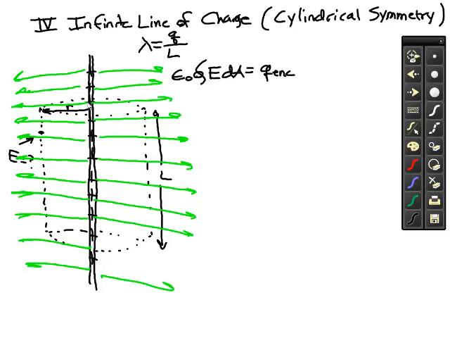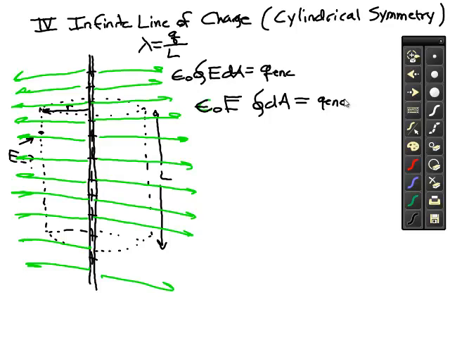All right, and I've lost the magic. Okay, there it is. Okay, so let's do it. E is the same everywhere, so pull it out of the integral. We have to replace Q enclosed. With what?